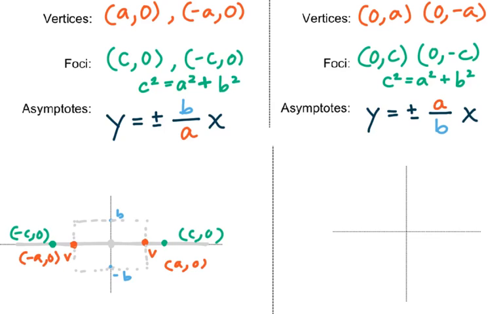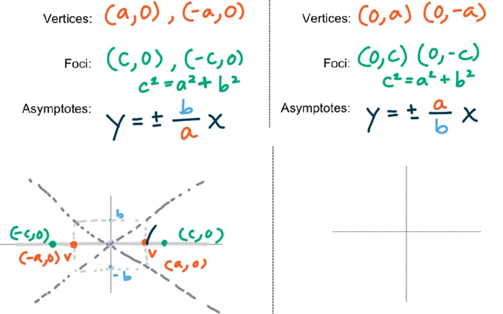So what we get from this is, if we think about the slope, rise over run, B over A. Rise B, run A. B over A takes me right through these diagonals. Drawing this box gives us a nice way to develop our diagonals.